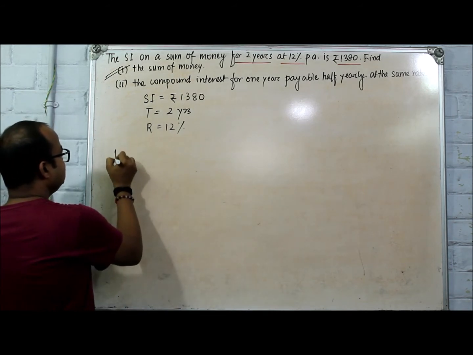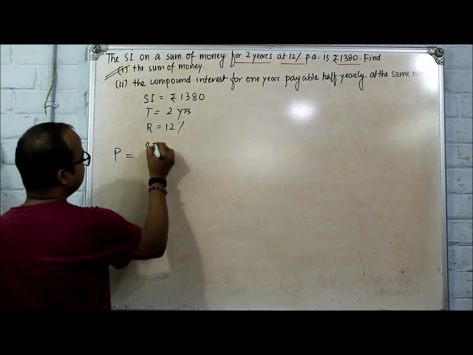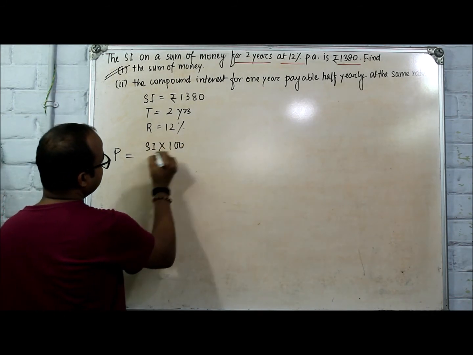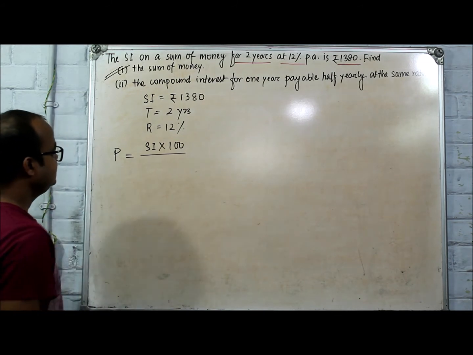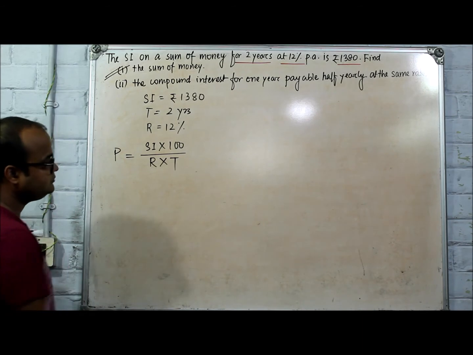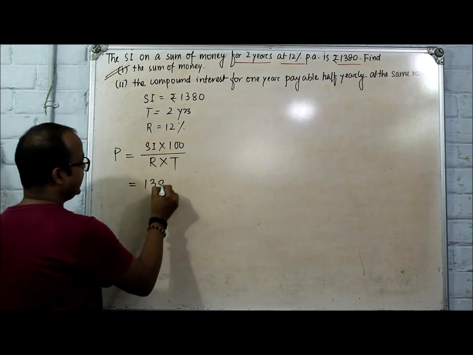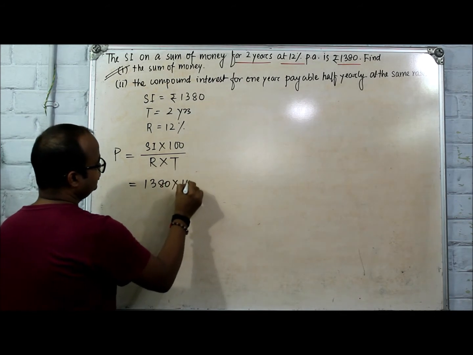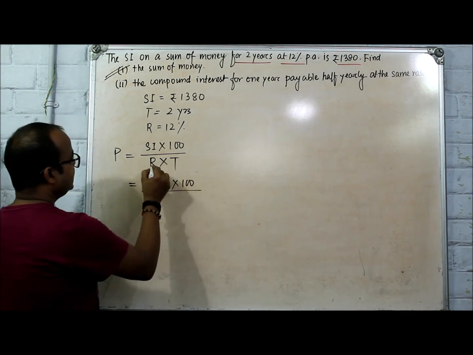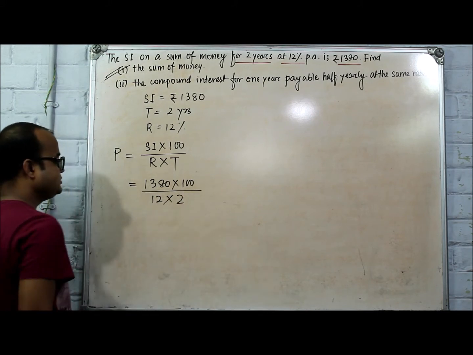We know P is equal to SI into 100 by R into T. So SI is equal to 1380 into 100. R is given as 12% and T is given as 2 years.